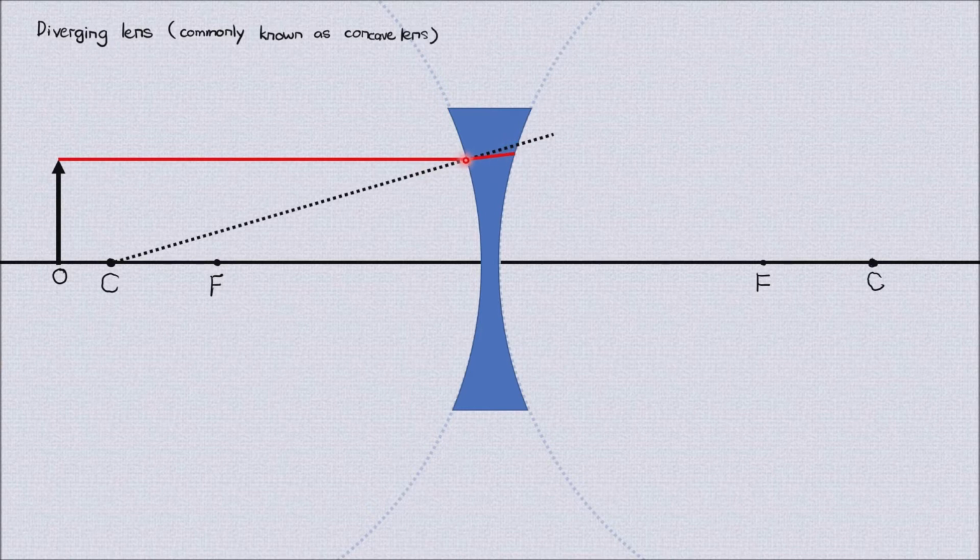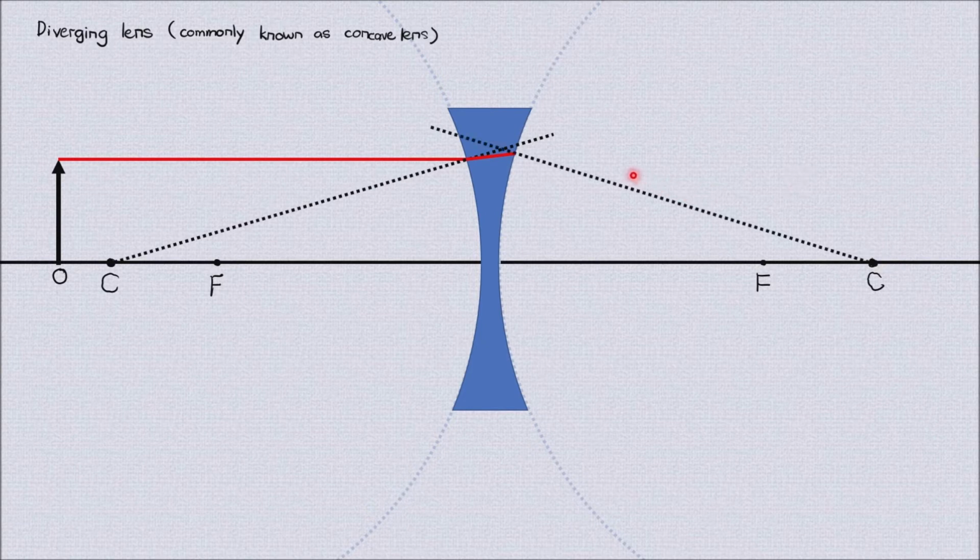You continue to travel and hit the second change of medium. So you go from a denser medium, a higher refractive index medium, to a less dense medium, or a lower refractive index medium. This surface belongs to this center of curvature, so draw a line out to represent the normal line.